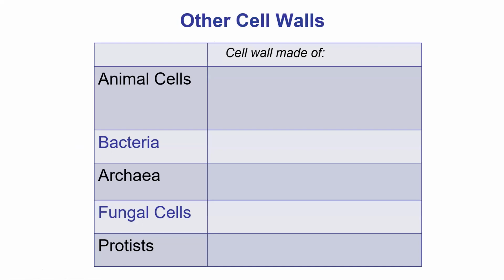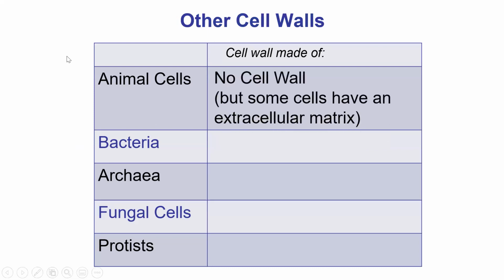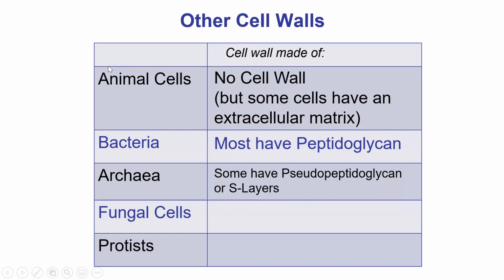So there are other cell walls, and I want to talk about and kind of just highlight what is important. So animal cells do not have a cell wall. We're going to talk about the extracellular matrix in a minute. Bacteria have cell walls. Most of them are made out of something called peptidoglycan. We've talked about that already. I told you I'd come back to it. Archaea do not have peptidoglycan or cellulose, but they might have other materials.